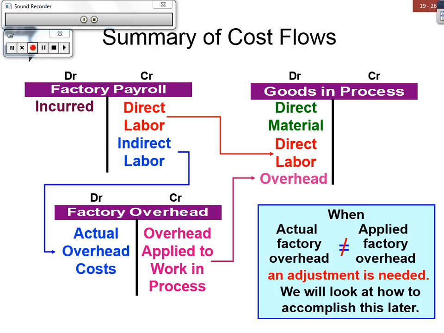If actual factory overhead is greater than applied, then it's under applied. But if actual is less than applied, then it's over applied.